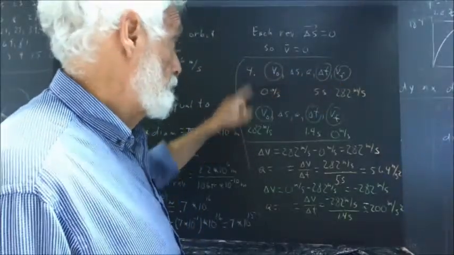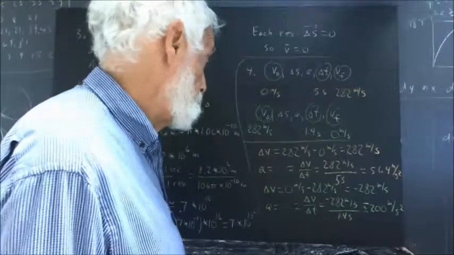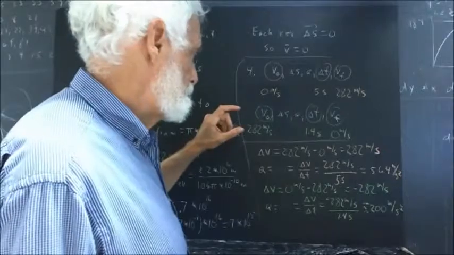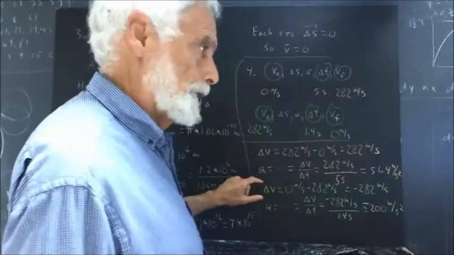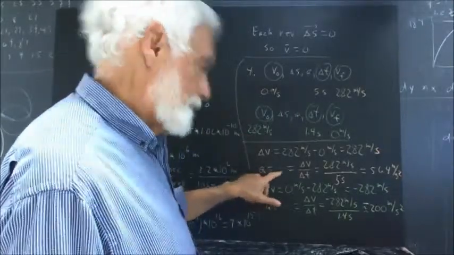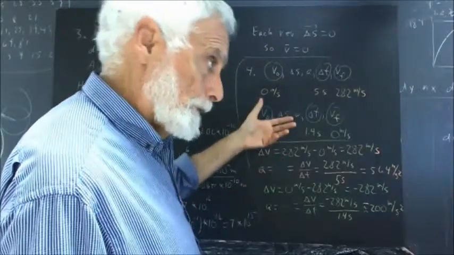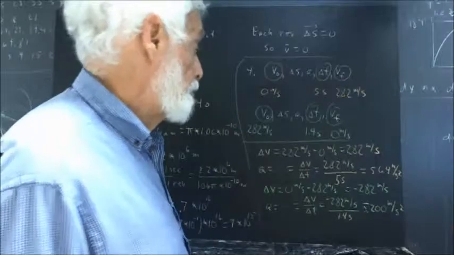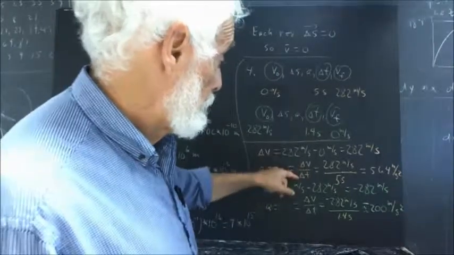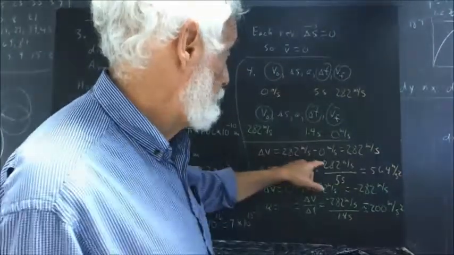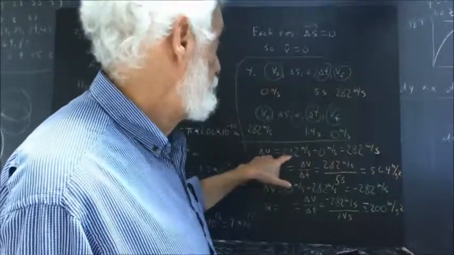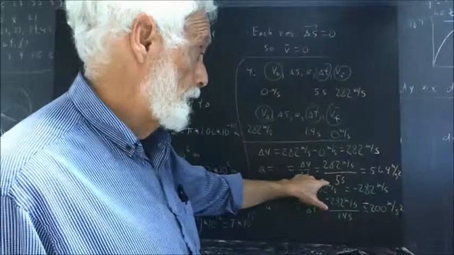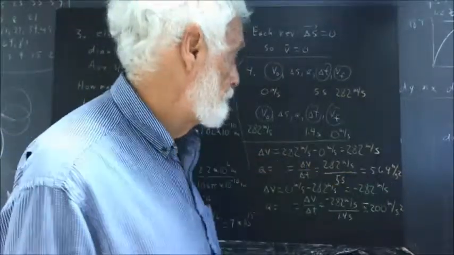It doesn't hurt to combine them and get the average velocity as well, but that's not going to help in getting the acceleration, which is the rate of change of velocity with respect to clock time, which is change in velocity divided by change in clock time. So we divide the change in velocity, which we've calculated from the initial and final velocities, by the change in clock time. We get the acceleration.